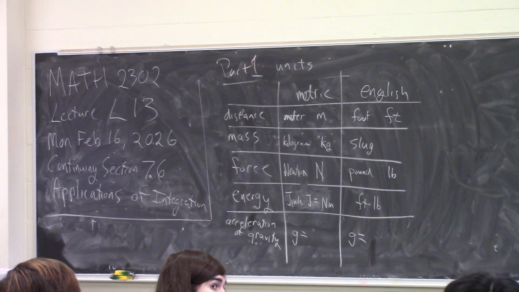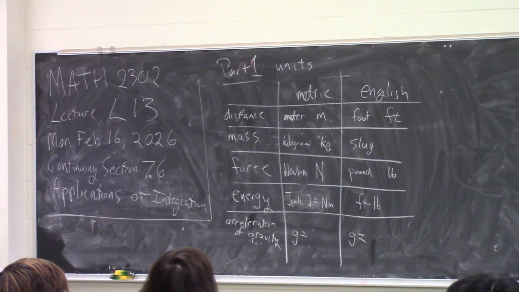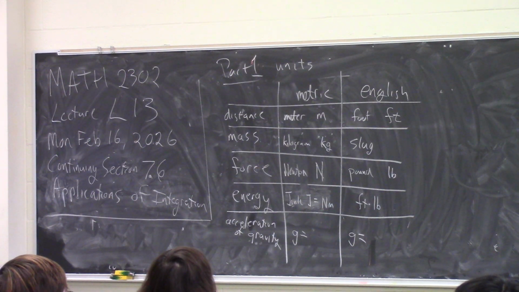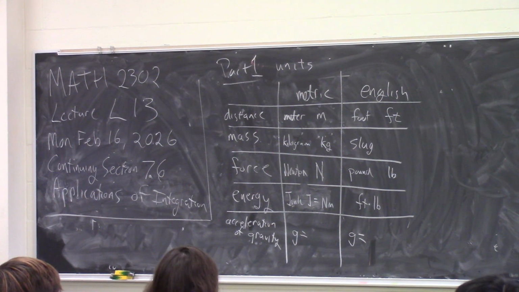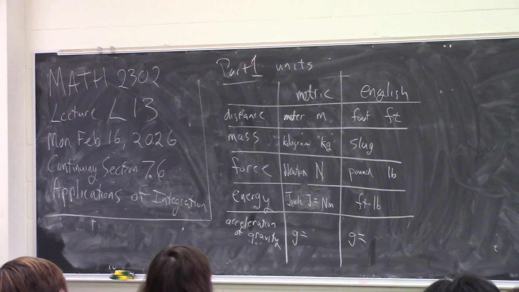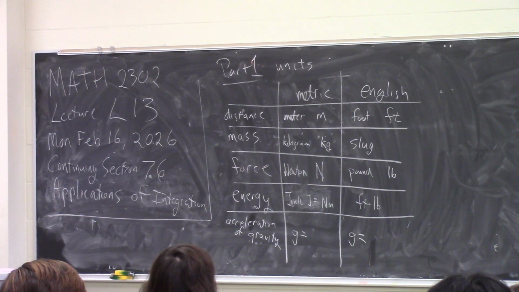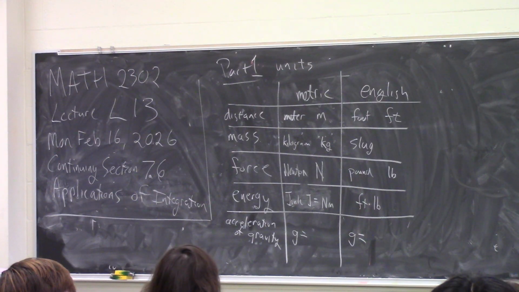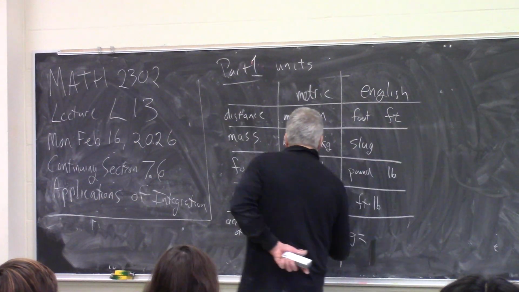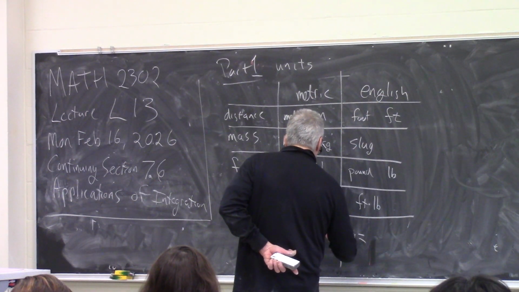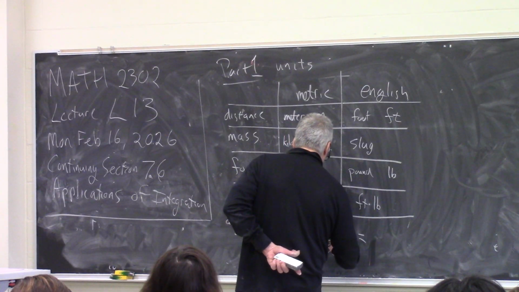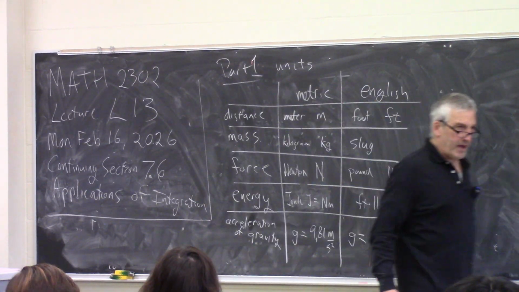Is it meters per second? No, that's the unit of speed, the unit of velocity. This is the acceleration of gravity. It's come up already in this class. Yeah. Meters per second squared. That's the unit of it, but what's the value? 9.81. Yeah. 9.81 meters per second squared, or 9.8 roughly.